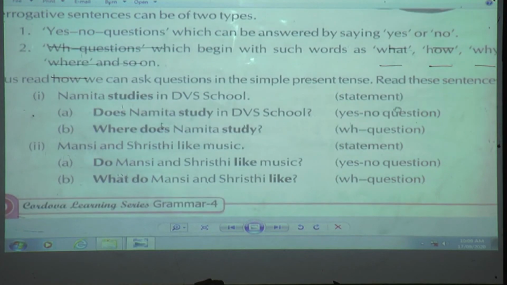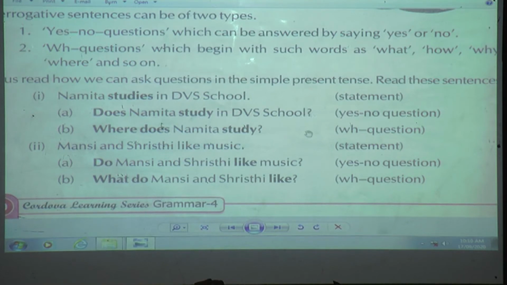Ready students? We'll read. First, Namita studies in DVS school. What is this, students? Yes, it is a statement. Now if I want to turn it into a yes no question in simple present tense, what am I going to do? First I am going to use does at the start, and then afterwards the subject, then the original form of verb and the remaining sentence.